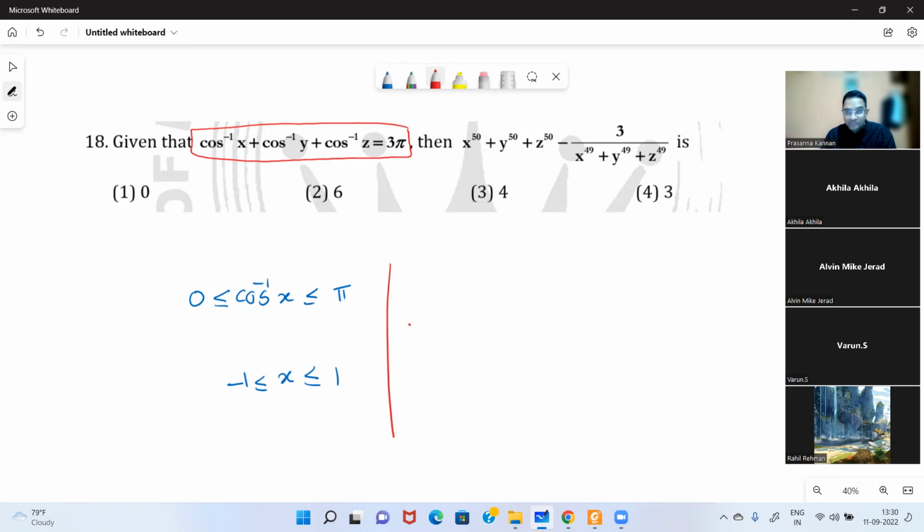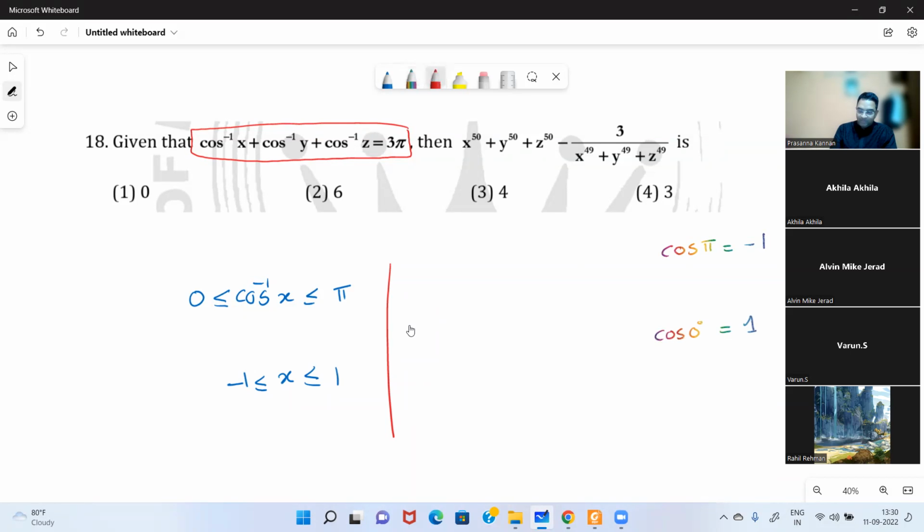Pi, exactly, because we know that cos pi is equal to minus 1. Yes or no? And for what angle will it be plus 1? 0, exactly.